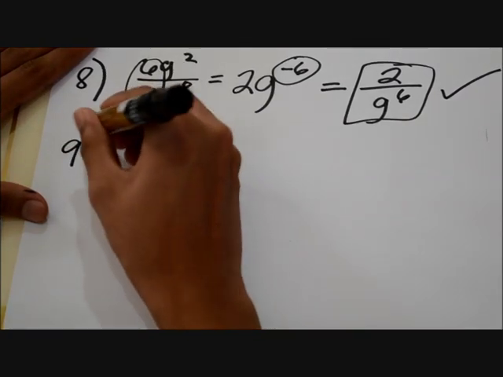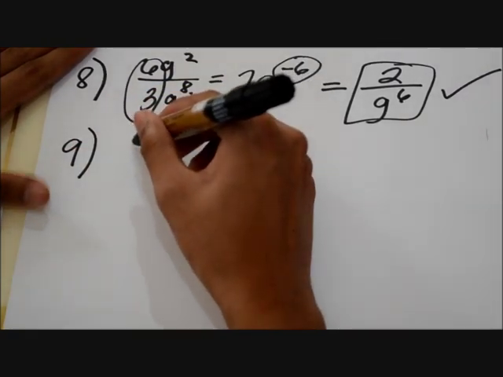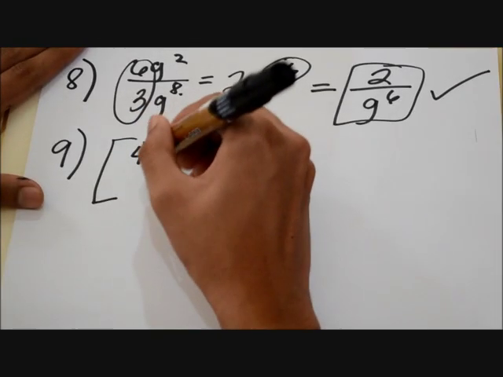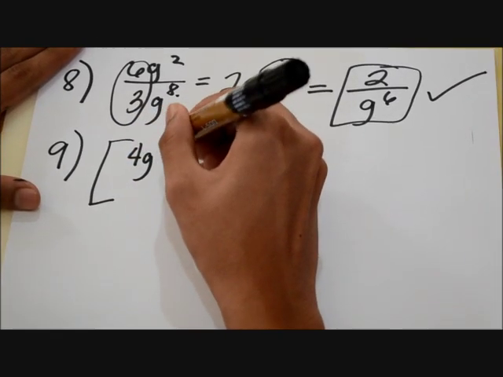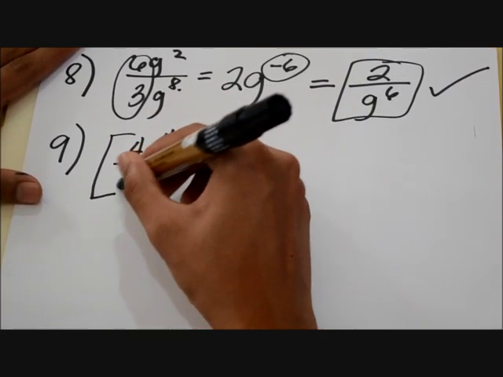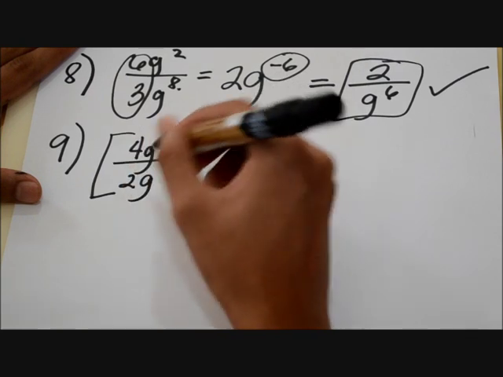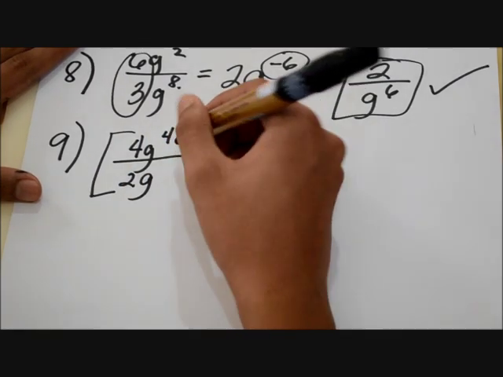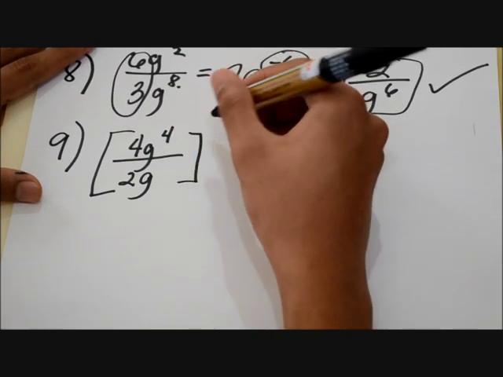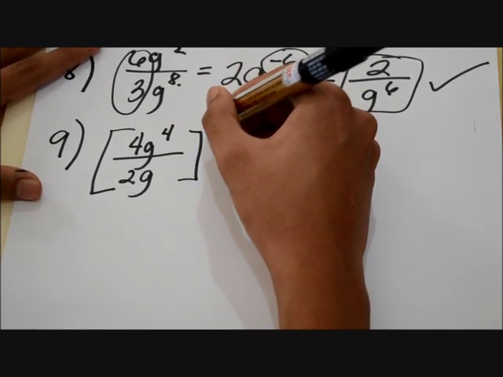9. Another thing in the laws of exponents is to find a power of a fraction. Given the quantity of 4 grams raised to the power of 4 over 2 grams raised to the power of 2.